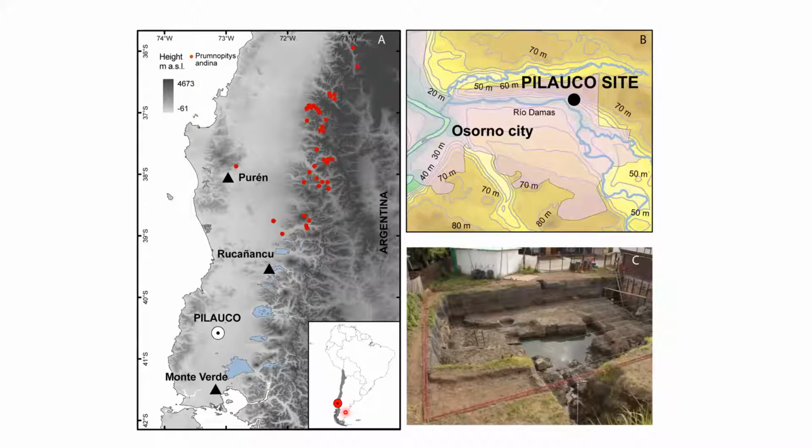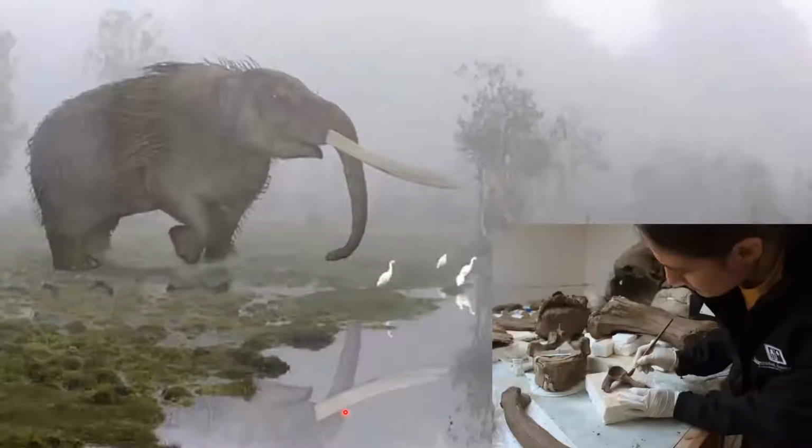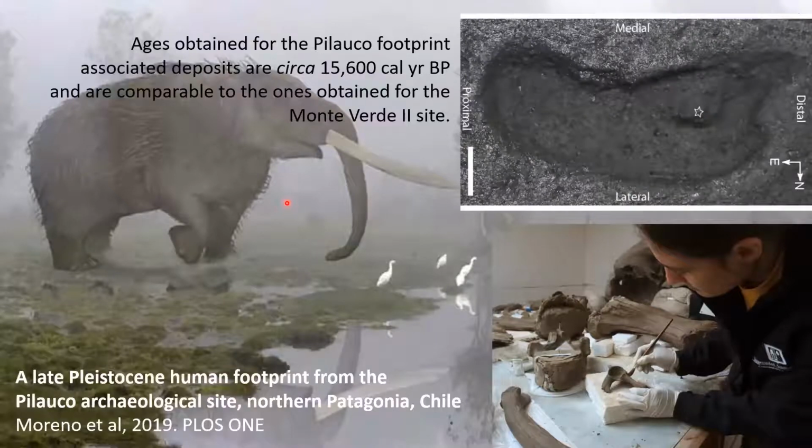Pilauco is very interesting because it's characterized by a great abundance of megafauna remains, such as mastodons. Recently, the presence of a human footprint in the sediment dated at 15,000 years has been published by Moreno et al. The radiocarbon ages from Pilauco are comparable to those found at the Monteverde site, which is a little farther south of this site.